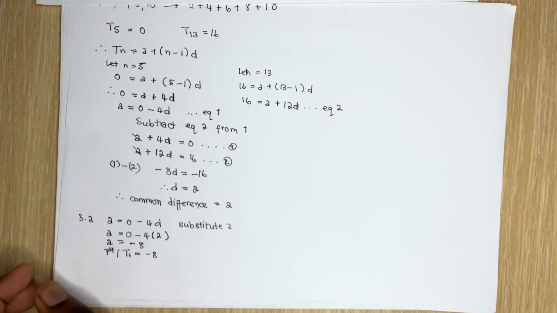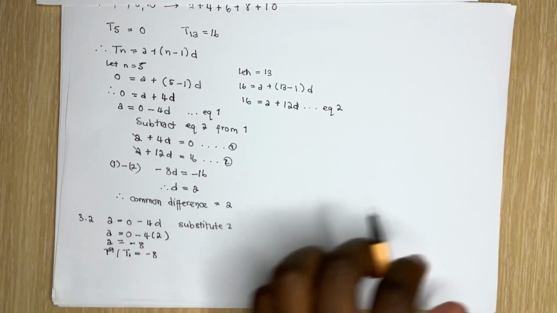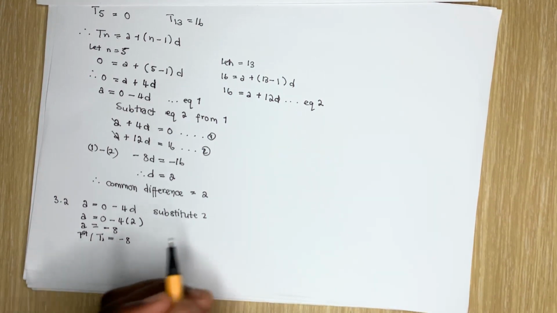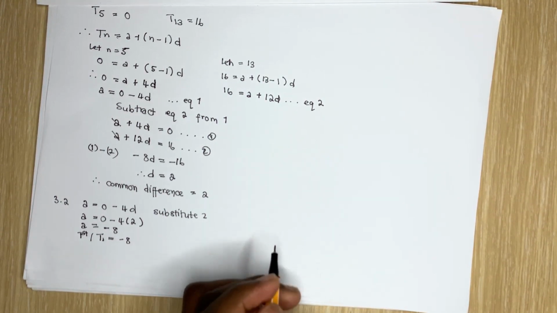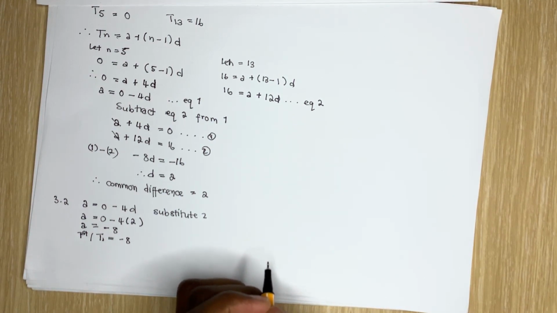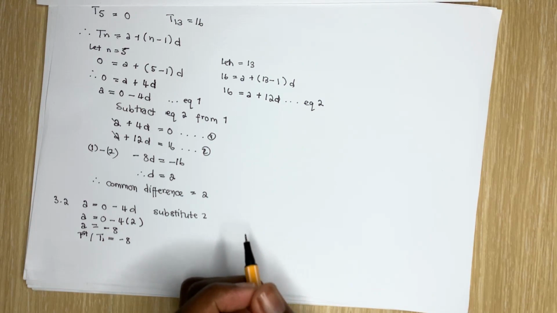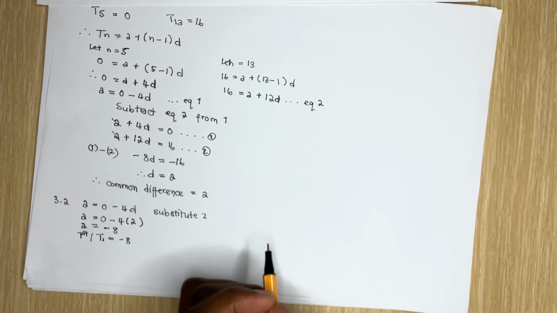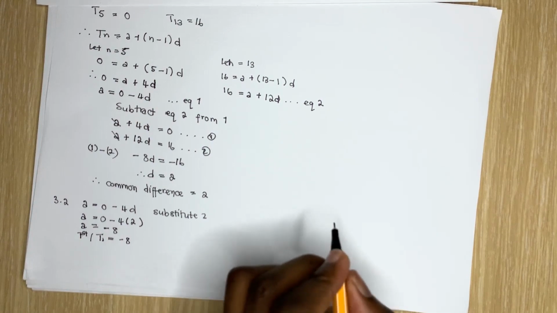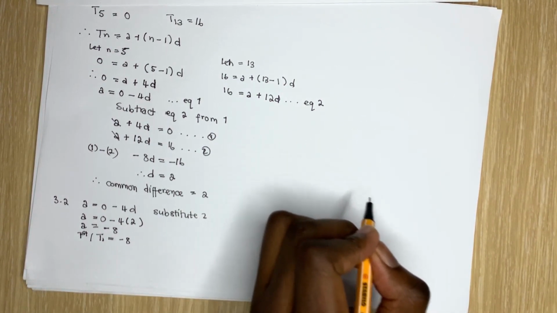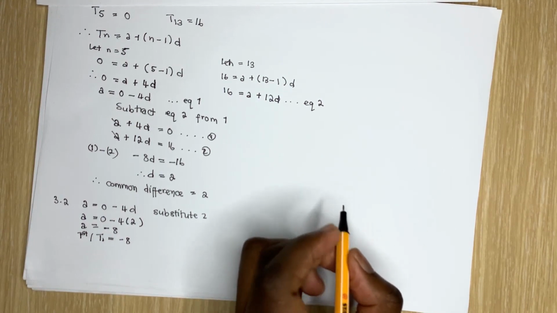Okay, so the last question was to calculate the 21st term, and like we previously said, if you have the general term and you're asked to calculate a term that is not in the sequence, simply substitute the term, which is n, into the general formula or the general term. So let's construct the general term, since we already have the value of A and the value of d.